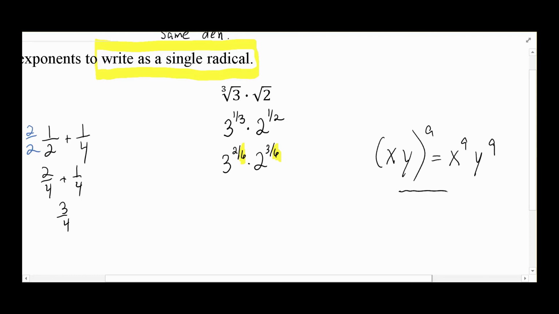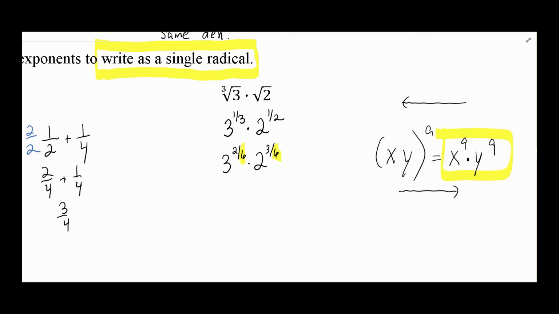And we usually go from left to right with this rule. We usually take the a power to each. But this rule could go right to left as well. That if you have a product of two exponents that both have the same power, you could pull that power out.